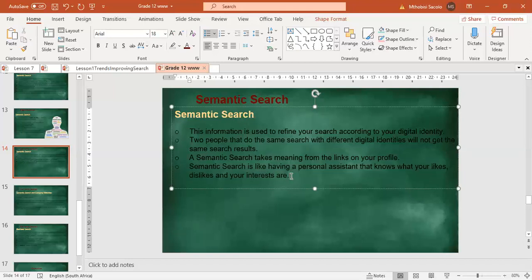It might be your best friend, just a person who knows almost everything about you. That is semantic search. When I go to the website, it makes assumptions that when you type something like this, you are probably looking for this. So it will give you suggestions based on your digital identity.